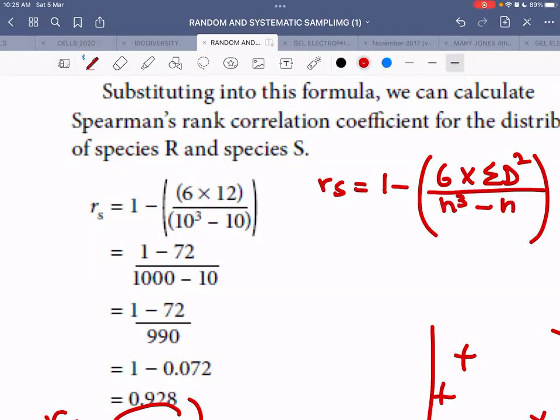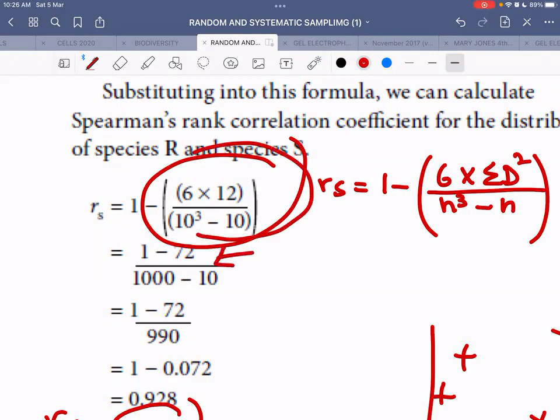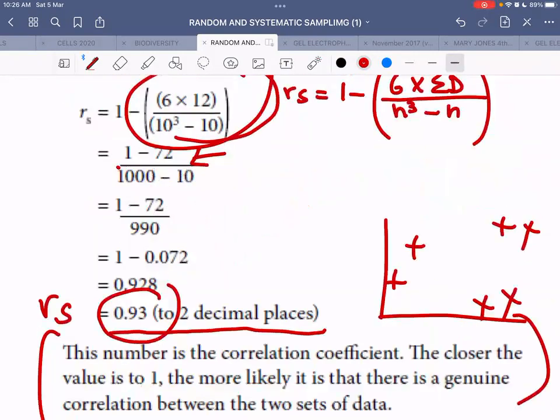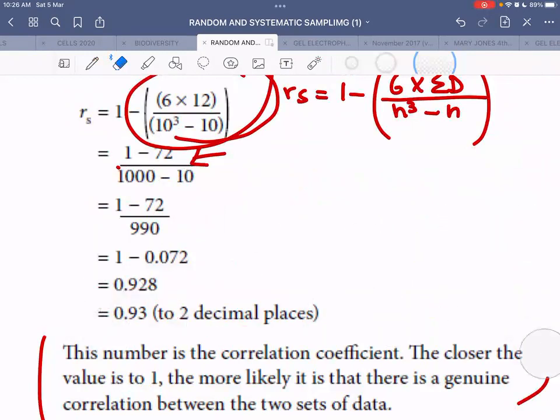तो हमने ये सारी वैल्यू सब्स्टिट्यूट कर ली, सब कैलकुलेशन कर ली, ये सारा हमने वर्क कर लिया जो यहाँ पे लिखा हुआ है, एंड देन फाइनली वी सबट्रैक्ट, जो भी इसके बाद जो वर्किंग आ रही है, तो हमारे पास 72 आ रहा है. सो वी राइट डाउन 1 minus 72 और 10 cube minus 10 का मतलब 1000 minus 10. तो ये सब कुछ करके the value for RS that we are getting is 0.93.